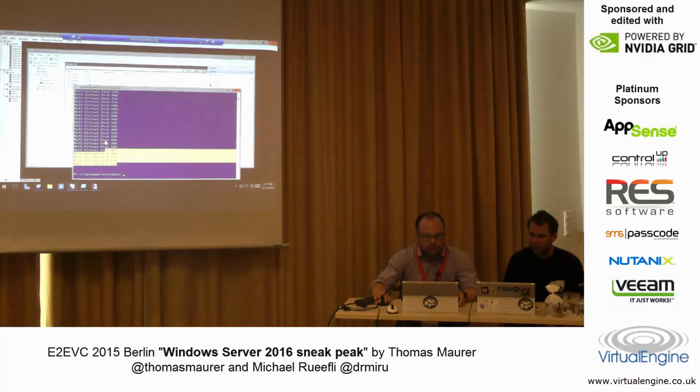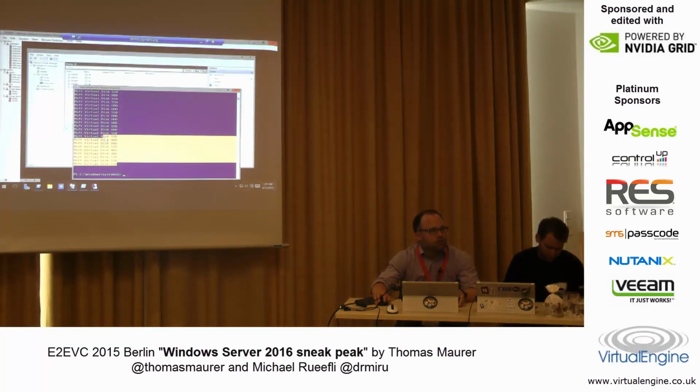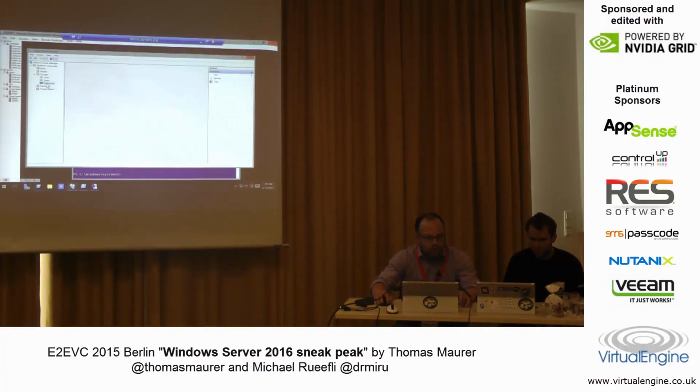I faked the disks to be SSDs and HDDs. You can do that if you are using virtual machines. So you have a virtual disk presented by the Hyper-V host, and some of them you tag as SSDs, some of them you tag as HDDs. And you see those storage enclosures.